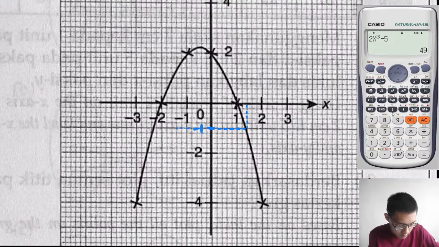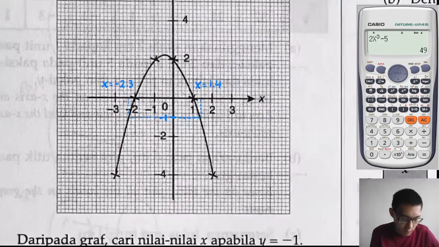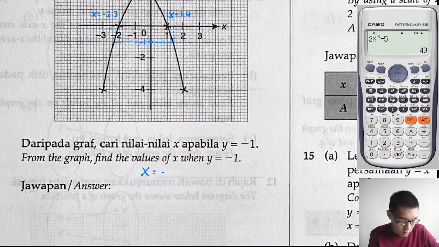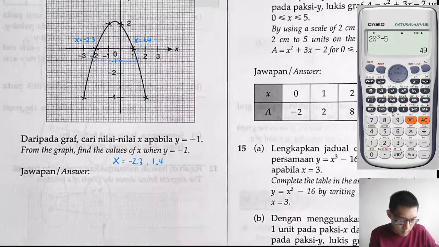So this is x equal to negative 2.3, and this one is x equal to 1.4 by estimation. It's near to 1.4. So you write down like this: x equals negative 2.3, x equals 1.4. We have two answers. Don't forget.